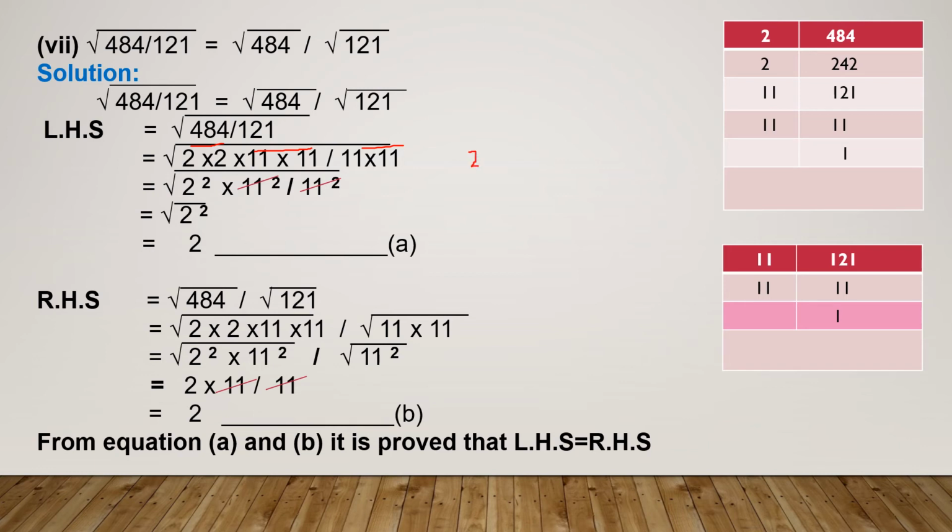Students, just like this, we have 2 square multiply by 11 square divided by 11 square, and all of these terms are under one square root. Now what I did over here, 11 square will be cancelled out with 11 square and 2 square is the remaining term. Now square will be cancelled out with square root and 2 is our answer.